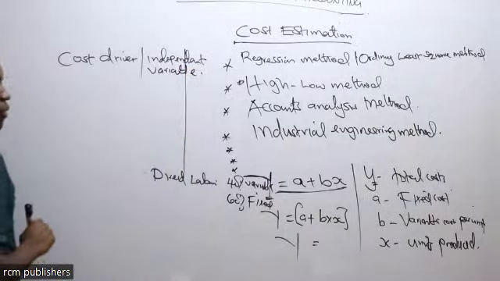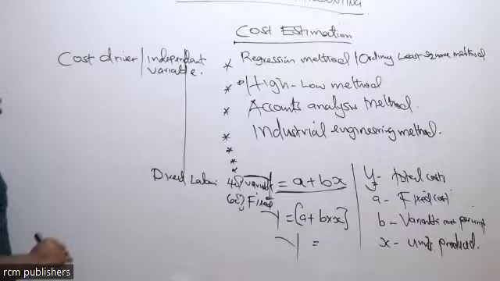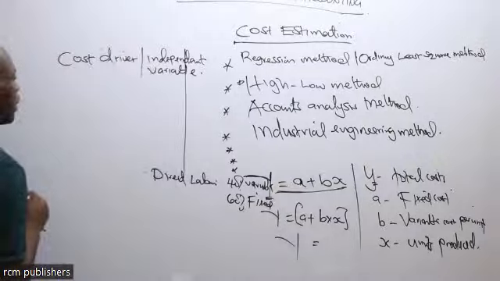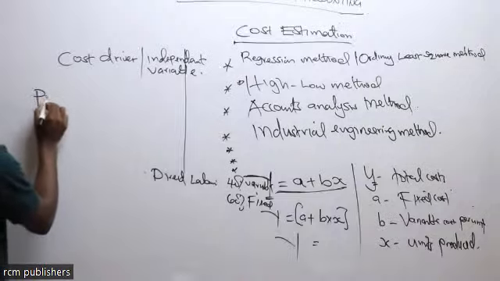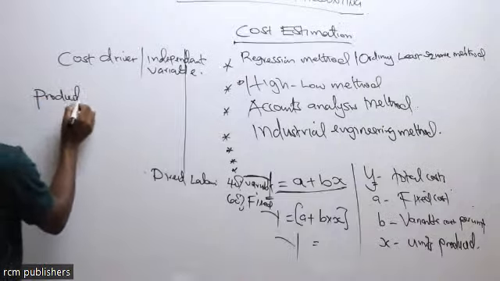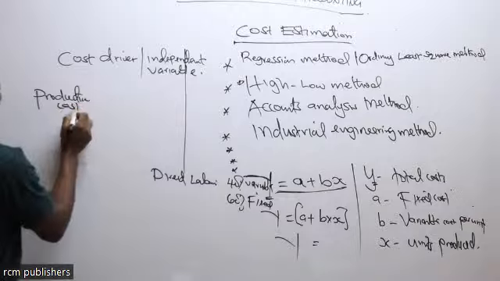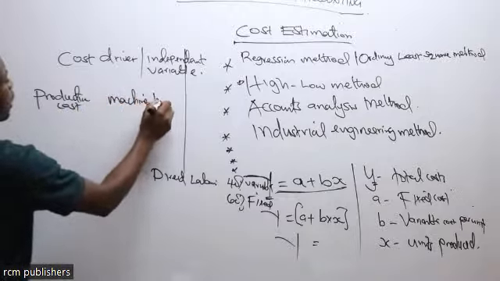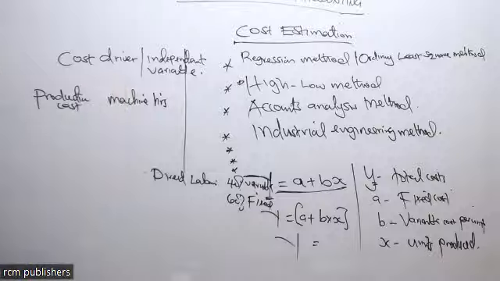So in the question, you'll not be given y and x. No, the examiner will basically tell you we have production cost, and then we have machine hours. Another one will give you these titles.